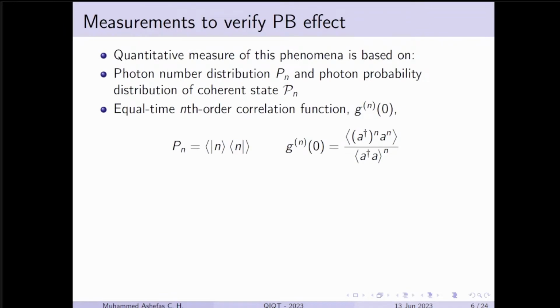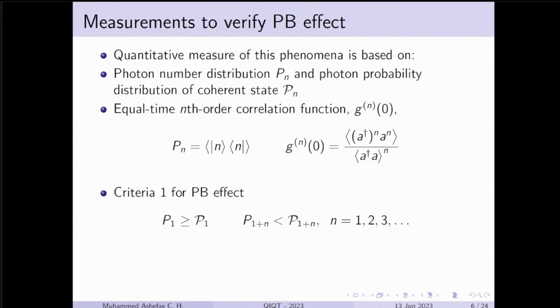The verification of photon blockade is possible by two measures. Mainly the probability of the number of photons, denoted by the symbol capital Pn, and the nth order correlation function, denoted by the symbol Gn. We also have to know the Poissonian distribution, which is the photon probability distribution of a coherent state, denoted by the symbol script Pn. So we have two criteria.